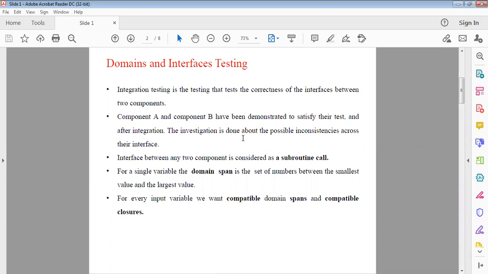Component A calls component B, and component B calls component A. This calling process is the interface process between the two domains or components. Interface between any two components is considered a subroutine call.